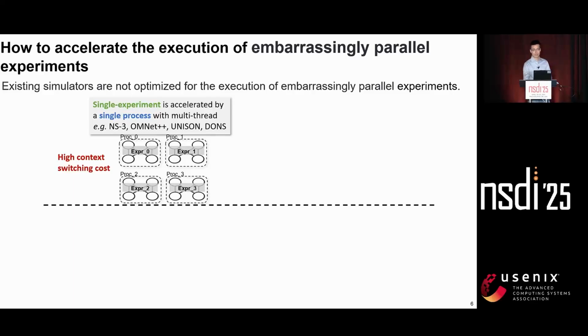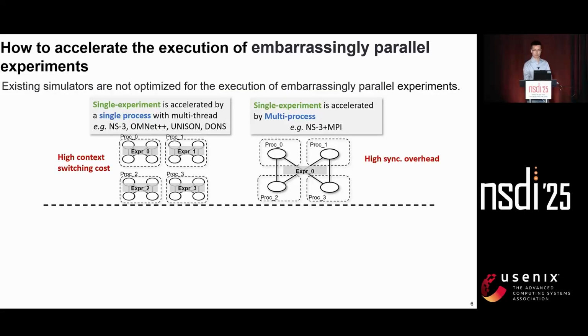For example, in some simulators, such as N3, a single experiment is accelerated by a single process with multi-thread. And N3 also supports a single experiment accelerated by multi-process, but with high synchronization overhead.